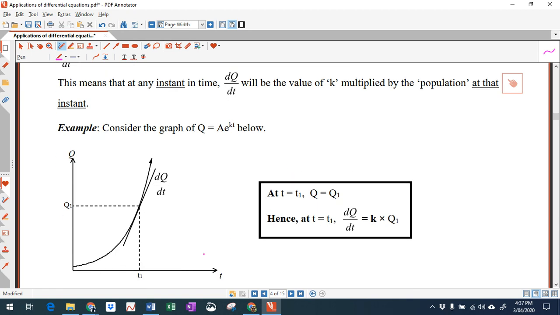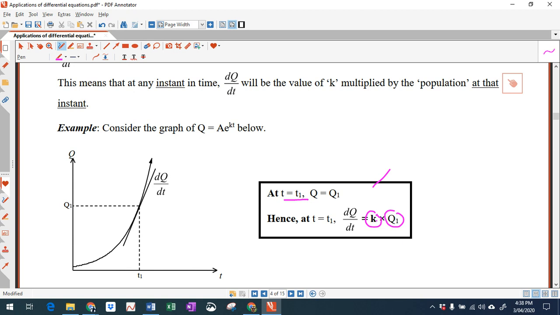If you look at the exponential growth here, you can see at t1 the quantity is Q1. To find the derivative or the slope of the tangent at that point, all you need to know is the growth constant k. If I take k and multiply it by Q1 when t equals t1, that gives me the value of the derivative.